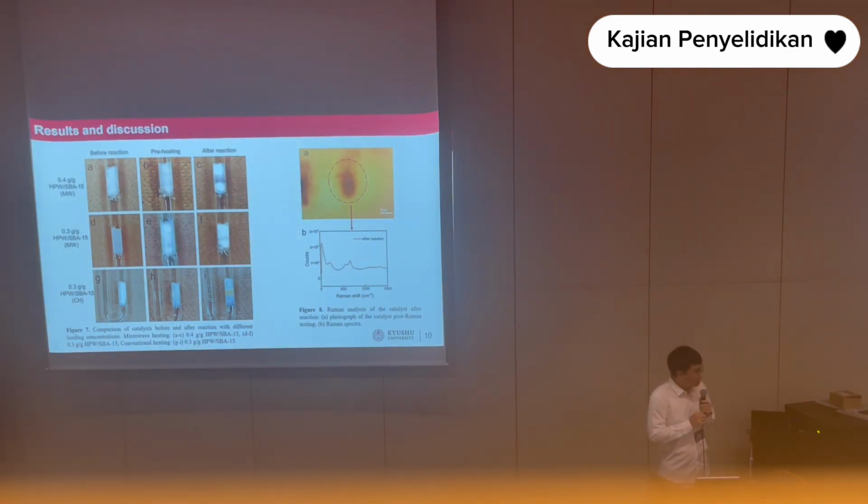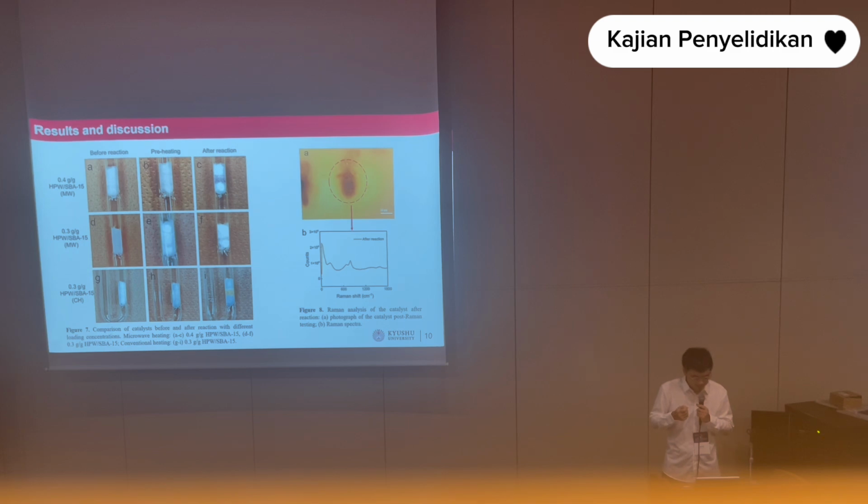And here we compared different heating processes and different doping processes. As you can see, in microwave heating with 0.4 gram per gram doping, after preheating the catalyst color is almost unchanged. After reaction it turns to a deep color, so some coking and structure destruction can occur.